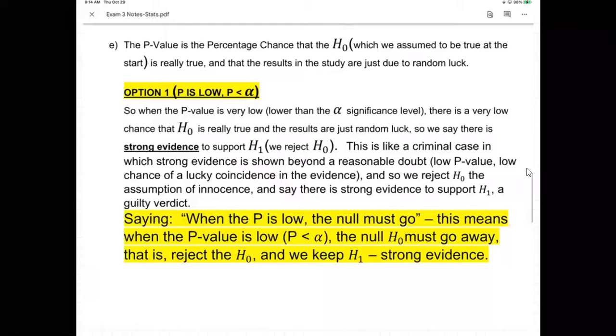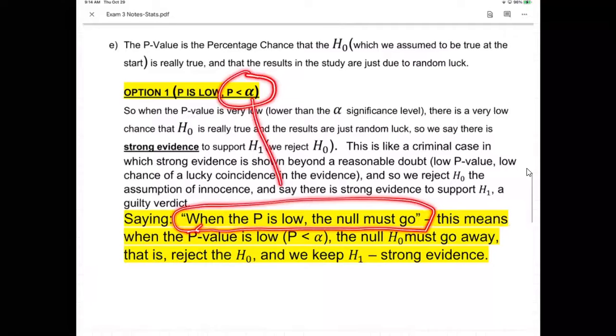When the P is low, the null must go. That's the saying. We're going to use that through the rest of the semester. So you really want to keep saying that to yourself. When the P is low, the null must go. We reject the null, which means we keep the other one, H1. Exactly.